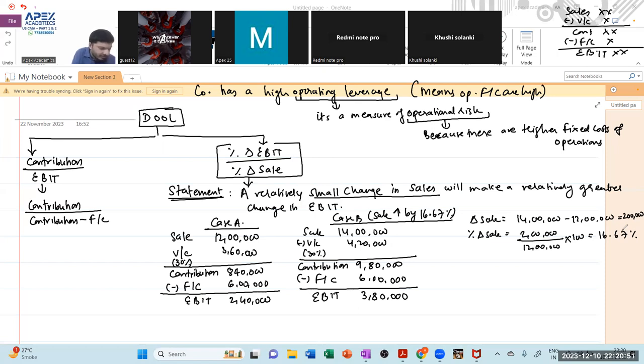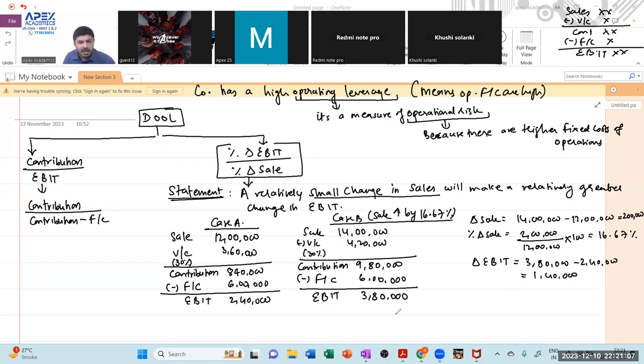Check once, 2 divided by 12 percentage. Yes. Now, what is your delta EBIT? 3 lakh 80,000 minus 2 lakh 40,000. What is your answer? 1 lakh 40,000.